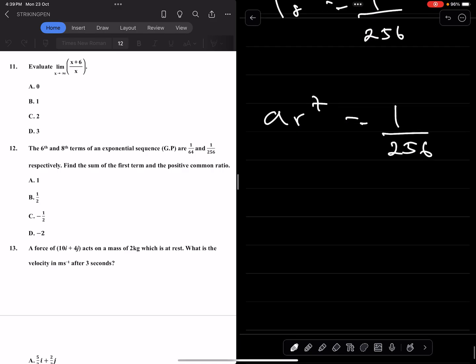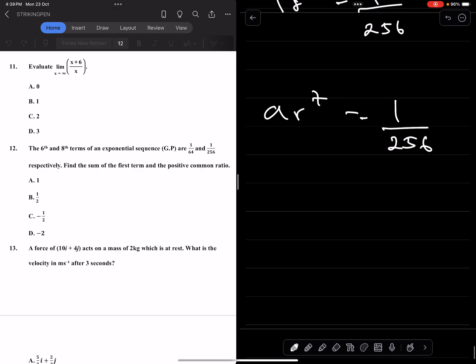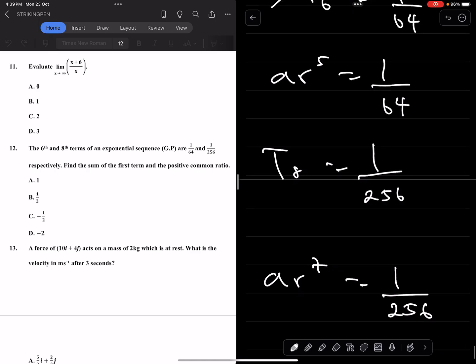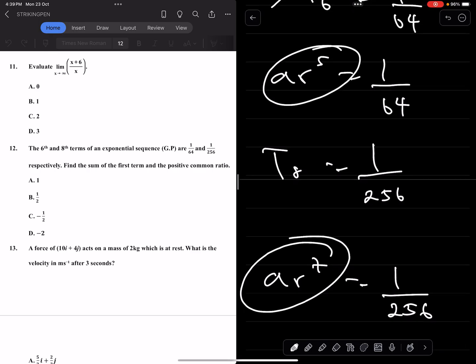Now the question says find the sum of the first term and the positive common ratio. Let me find the common ratio first. I want to do T8 divided by T6. That means AR raised to the power 7 divided by AR raised to the power 5.